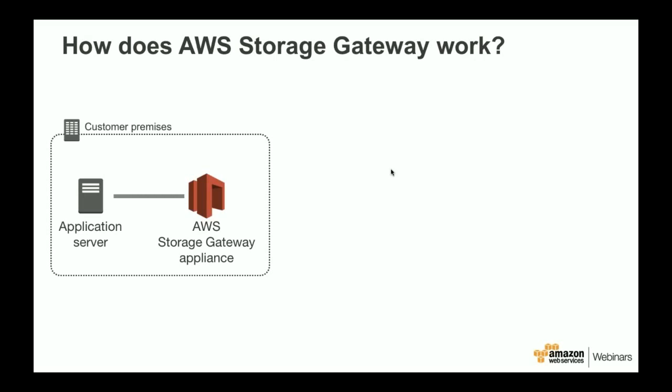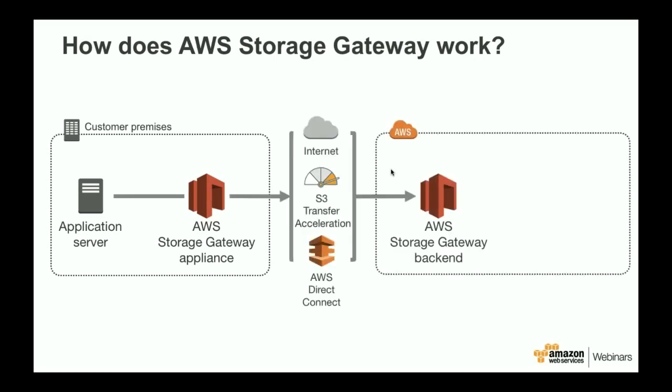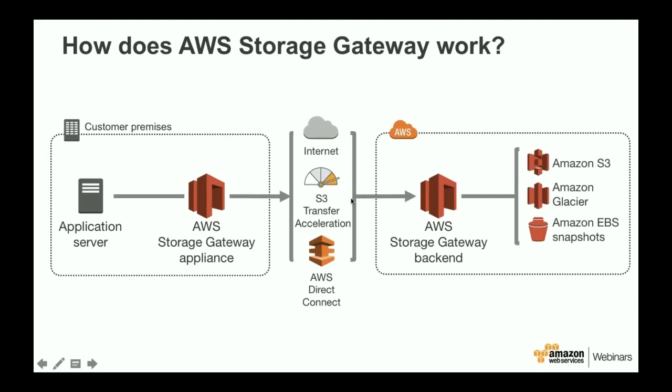So you can run the AWS Storage Gateway appliance on a virtual machine in VMware ESX or Hyper-V on your server, and then the Storage Gateway will snapshot and copy and back up your data to AWS, basically to Amazon S3, EBS Snapshots, or Glacier, which is our archiving service. How does Storage Gateway connect to AWS? With the methods that we discussed earlier: Internet, S3 transfer acceleration, or Direct Connect private pipes.